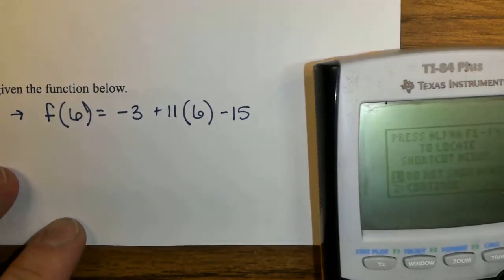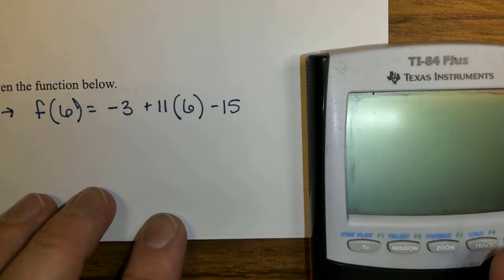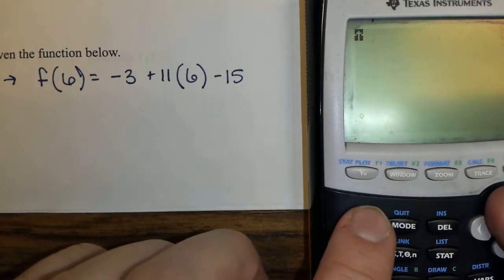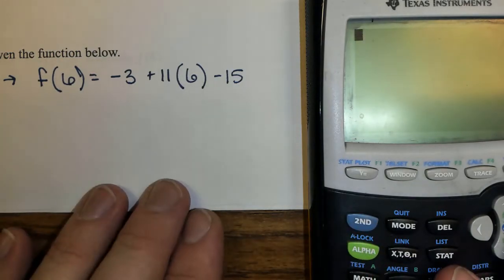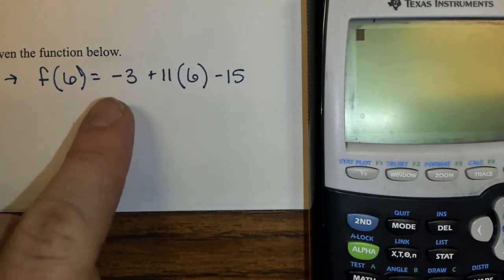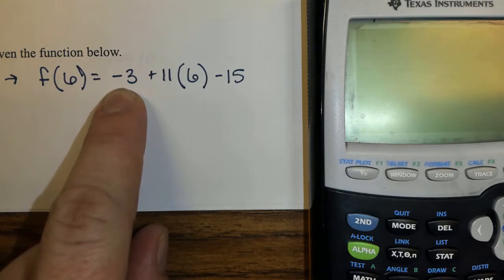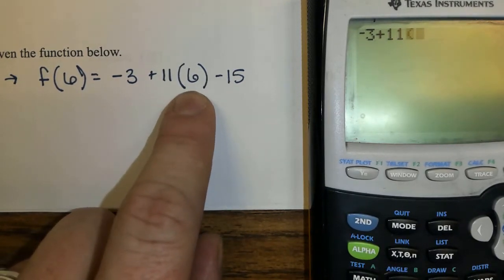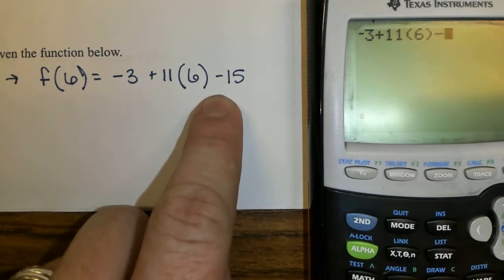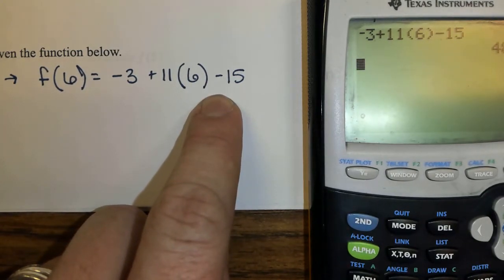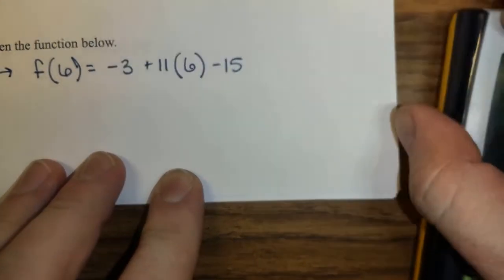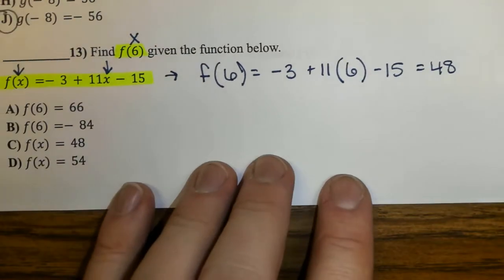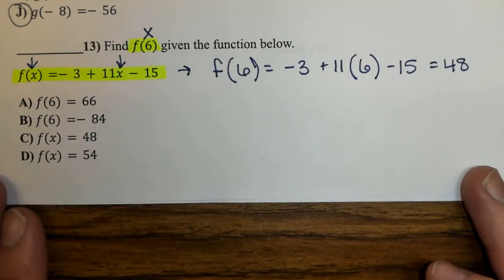So I got a calculator also, because this is a longer question, and I could do it by hand, but if you can use a calculator on the test, why not practice using one at home? So I'm going to type this in starting after the equal sign. I have negative 3 plus 11 parentheses 6 minus 15. Enter. 48. Okay, so 48 is my answer.